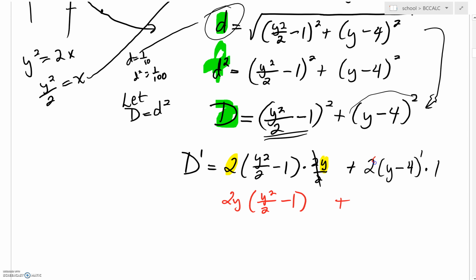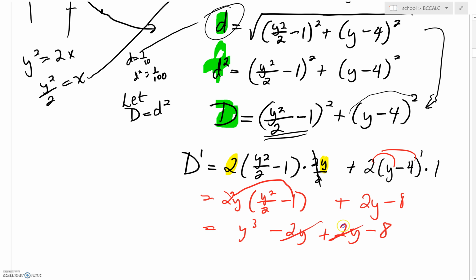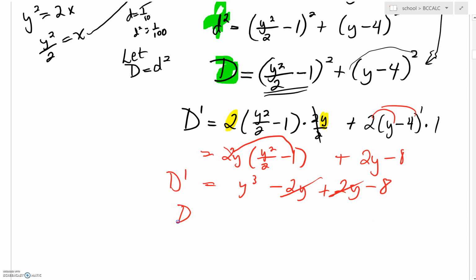And right here, of course, you can start distributing your 2 also. But what are we going to come up with? Well, the 2's cancel out here. You'd be left with y to the 3rd. 2y times a minus 1, you get a minus 2y. And before too long, you can see that this is your d prime. Wow, look at that. So d prime is equal to y to the 3rd minus 8.